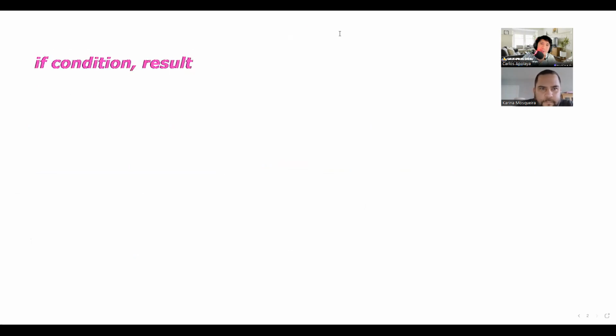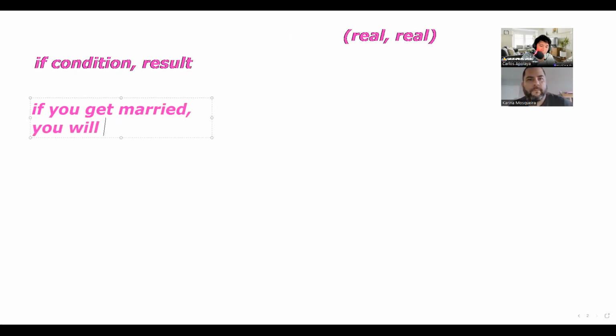But in the previous, we learned that the condition and result are real, right? But now focus on this part. If you get married, you will be happy.